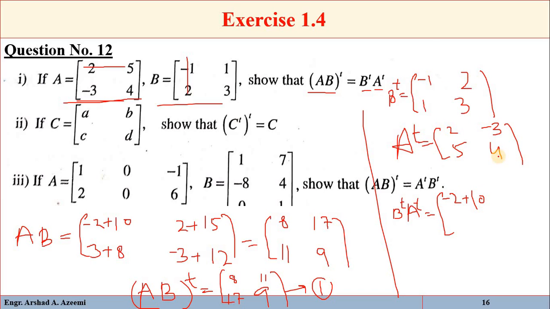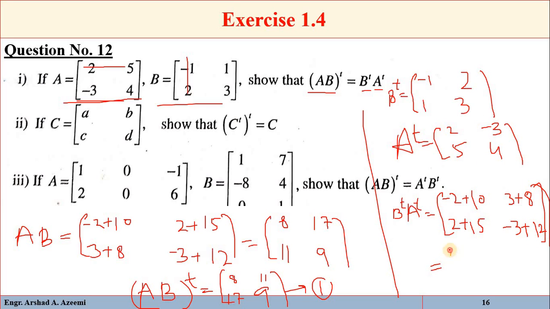First row with second column, minus 1 multiplied by minus 3, that is 3, plus 2 multiplied by 4, that is 8. Now second row with first column, 1 multiplied by 2, that is 2, plus 3 multiplied by 5, that is 15. Second row with second column, 1 multiplied by minus 3, that is minus 3, plus 3 multiplied by 4, that is 12.